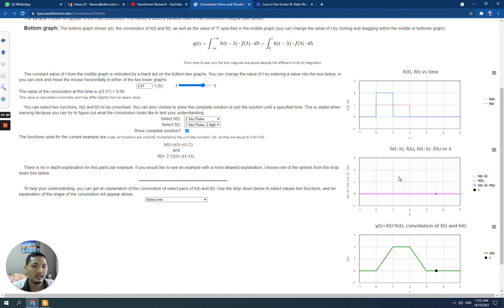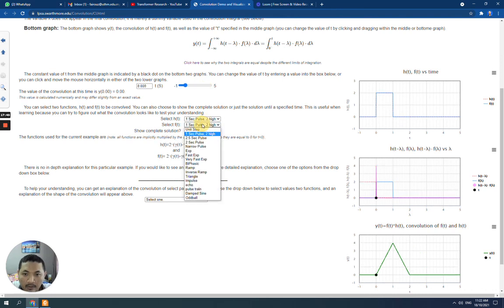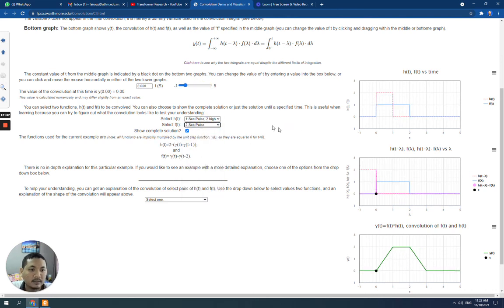In this case, let's change this to a 1 second pulse. Now you can see that the 1 second pulse that has 2 amplitude is moving.